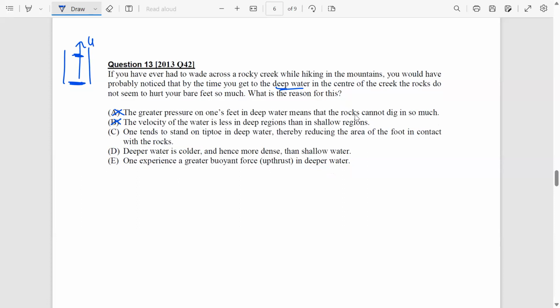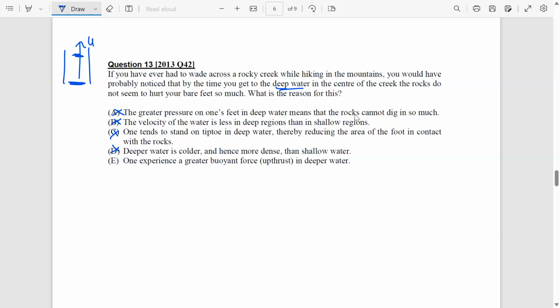So cannot be. D: deeper water is colder and hence more dense. Now, the density of water doesn't change much, regardless of the temperature. It does change, definitely does change, because that's why you get convection current. But the change is not so significant that it's going to affect much here. So unlikely to be D.